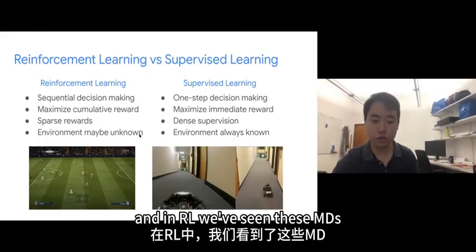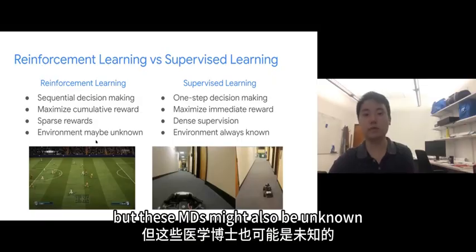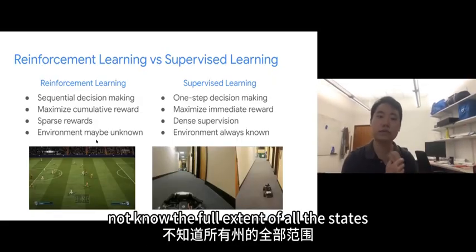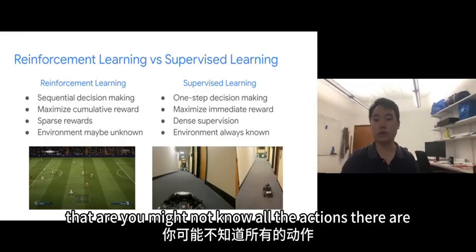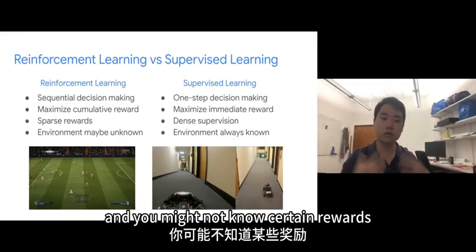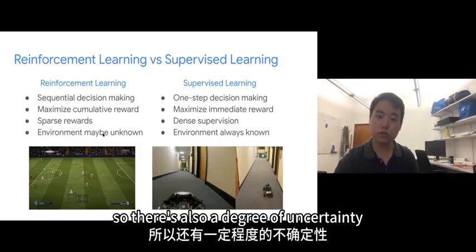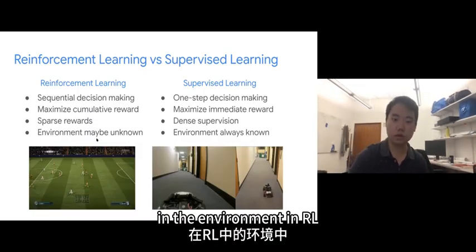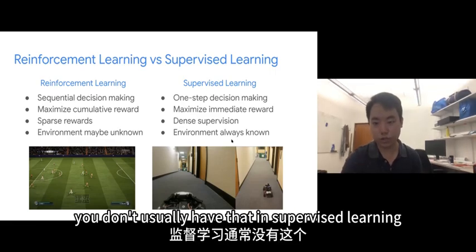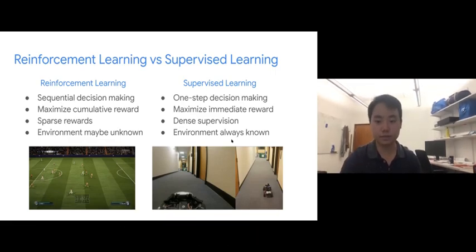And in RL, we've seen these MDPs, but these MDPs might also be unknown. You might not know the full extent of all the states there are, you might not know all the actions there are, and you might not know certain rewards. So there's also a degree of uncertainty in the environment in RL, but you don't usually have that in supervised learning.